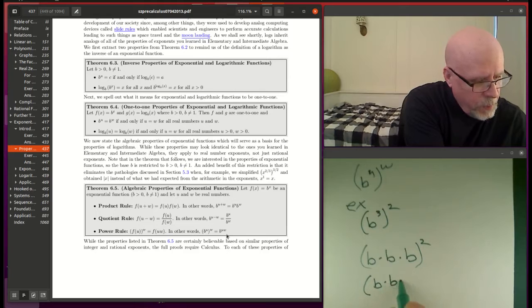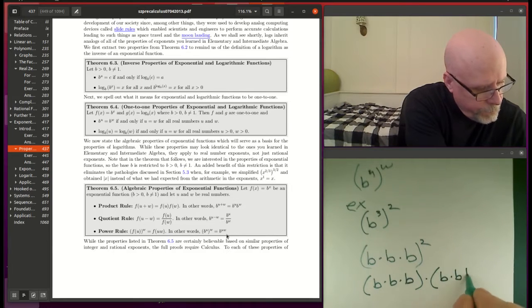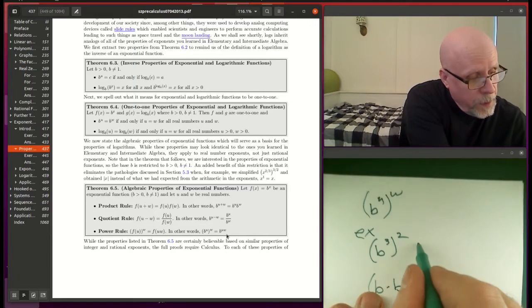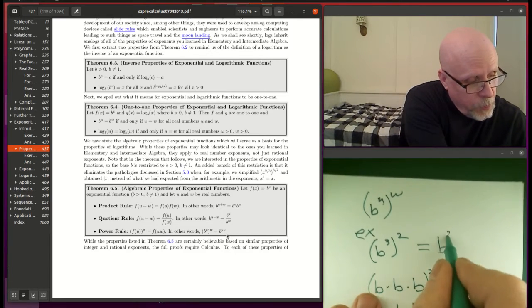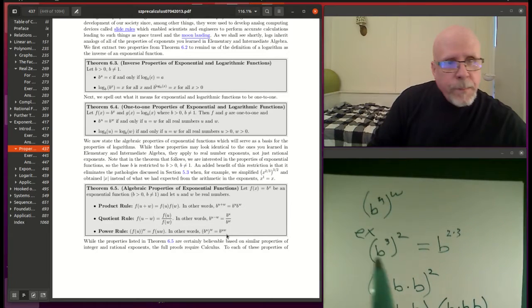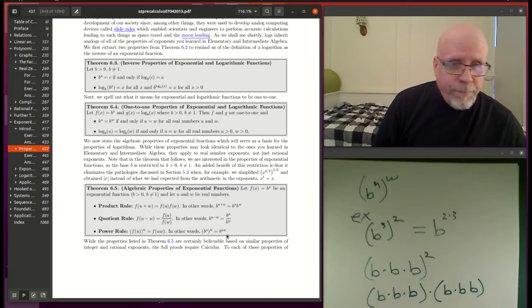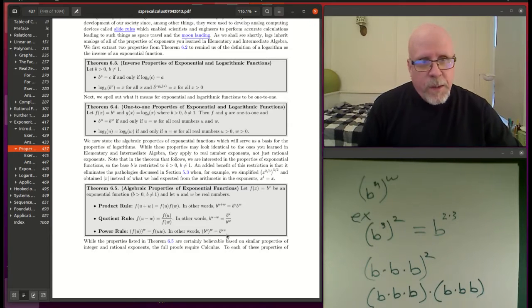B times b times b times b times b times b. How many b's are there total in that mess? 6 of them. Do you see that that's the same as b to the 2 times 3? Kind of the only other option is that maybe it's 2 plus 3. Well, no, it's not. 6. So the product is the appropriate thing to do.